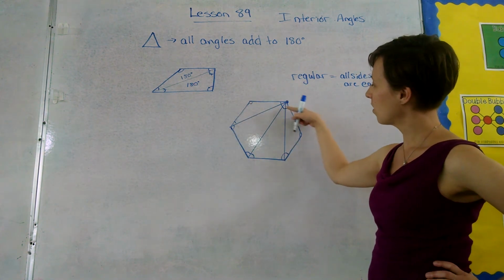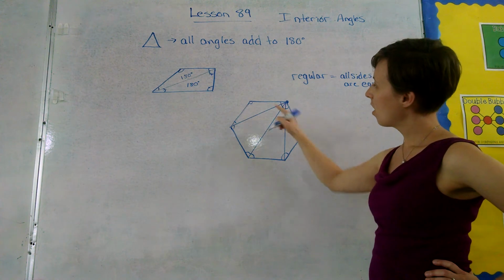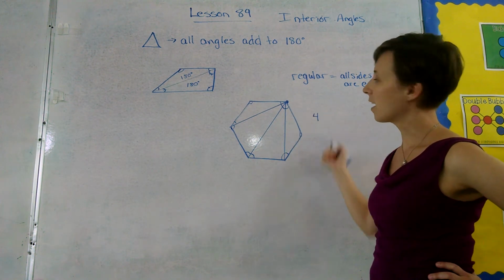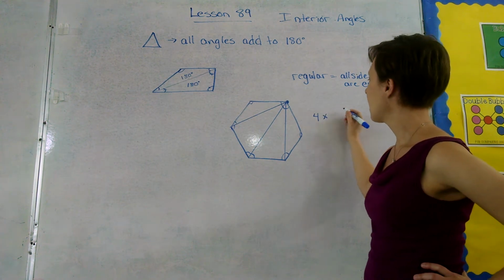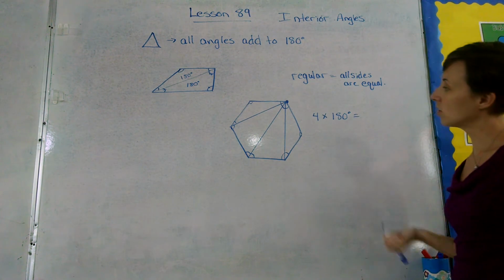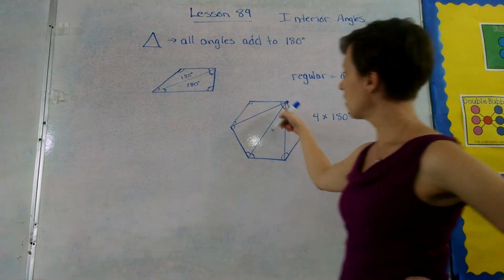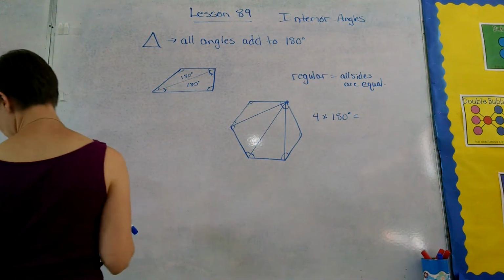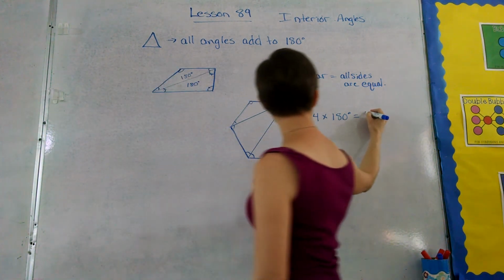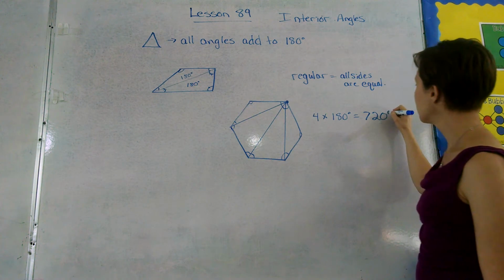Look how they all got colored in when I did that. 1, 2, 3, 4. I have 4 triangles, and each one has angle measures that add to 180 degrees. How many degrees are there in my entire hexagon? There are 720 degrees.